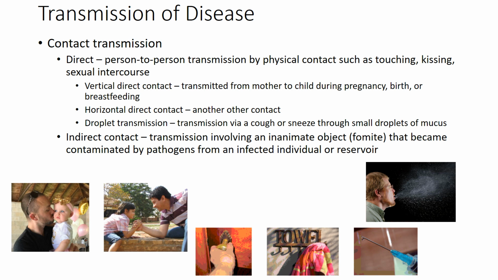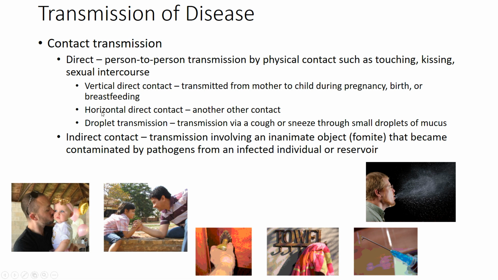With vertical direct contact, that's when a mom transmits disease to a baby, pregnancy, birth, or breastfeeding. Typical direct contact is horizontal direct contact. Just means one person to another. So these two pictures here at the bottom, this would be examples of direct contact, horizontal direct contact.